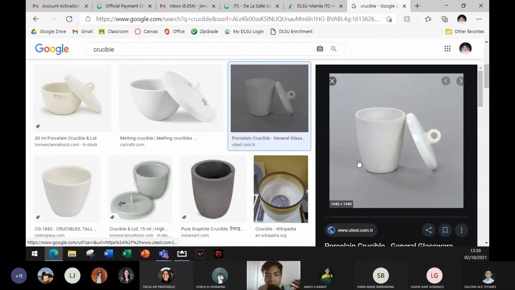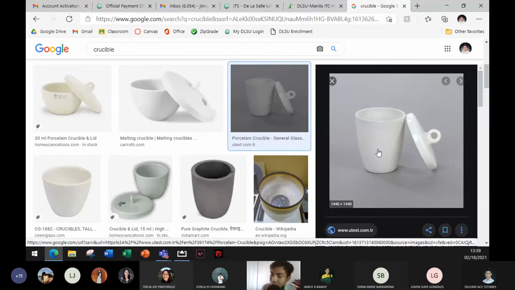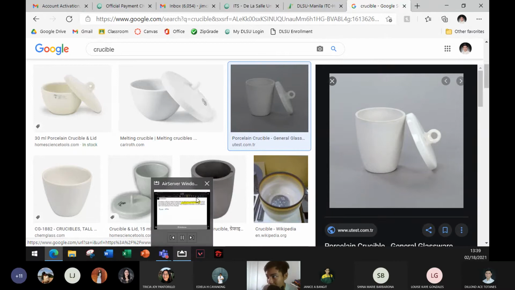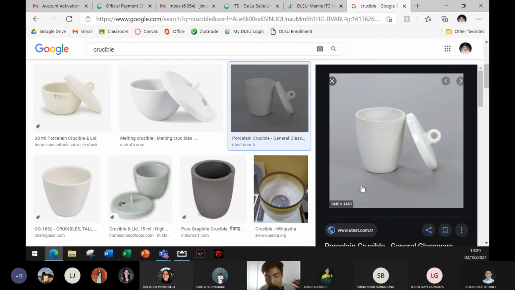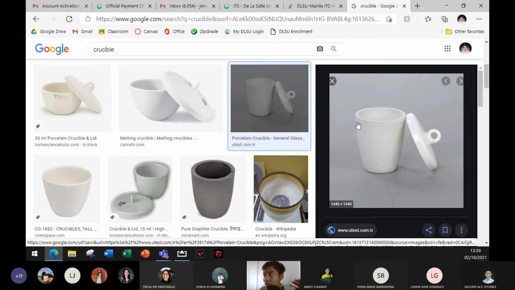So, ito yung itsura ng crucible. After filtration, yung filter paper, pinapasok namin dito sa loob. Okay? So, kailangan before mo lagyan yan ng kung ano-ano, timbangin mo muna siya. Sabi sa problem, ang mass daw ng empty crucible ay 26.6002 grams. Then after nun, pag alam mo na yung mass ng crucible mo, lalagyan mo na yun ng precipitate, filter paper and then precipitate. So, papasok mo yan dyan.